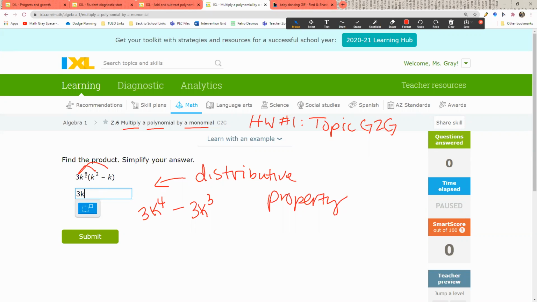So 3k, and then squared and squared means altogether I have 2 plus 2, so I have 4 of them altogether. And then if I'm doing 3k to the third, that's 2 here plus 1 there, which is why I get the 3 there. So minus 3k cubed. So really I'm just adding up how many of them I'm multiplying. That's telling me how many k's I have in my multiplication here.